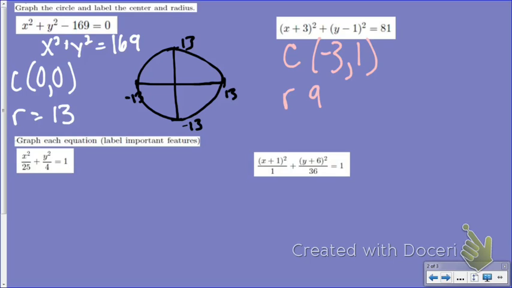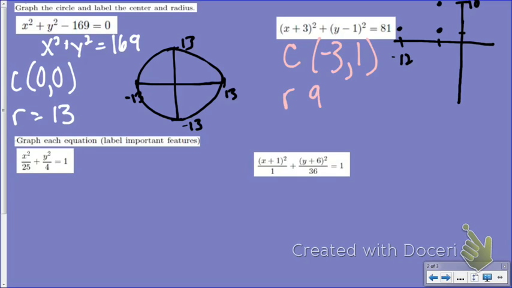So in order to graph this, the first thing I'm going to mark is my center. So I'm going to go to negative 3, 1, and that's my center. Then I'm going to go 9 away from that center, up, down, right, and left. So if I go up 9, I'll be up at 10. If I go from the center left 9, then I would be at negative 12.